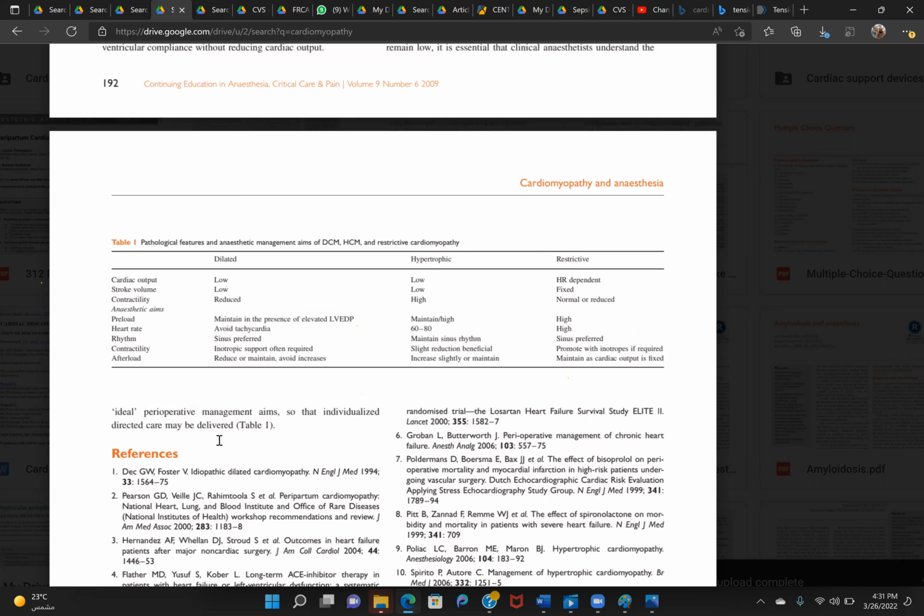And in dilated cardiomyopathy, everything is low. Cardiac output is low, stroke volume is low, contractility is low. And here you have to maintain the preload, because left ventricular end-diastolic pressure is already high. The heart is dilated, so the back pressure is already there.